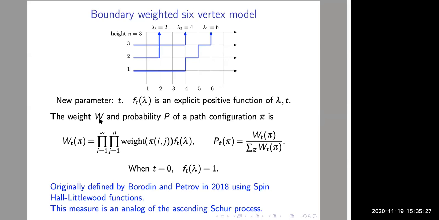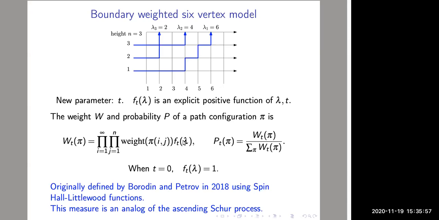Now we're going to define a weight for each collection of paths, very similarly to the stochastic vertex model. We just take the product of all the vertex weights we defined earlier, the same vertex weights as before, but we're going to add in a boundary term, f_t of lambda, which is just going to be some explicit positive function of the positions at which the paths touch the upper boundary.